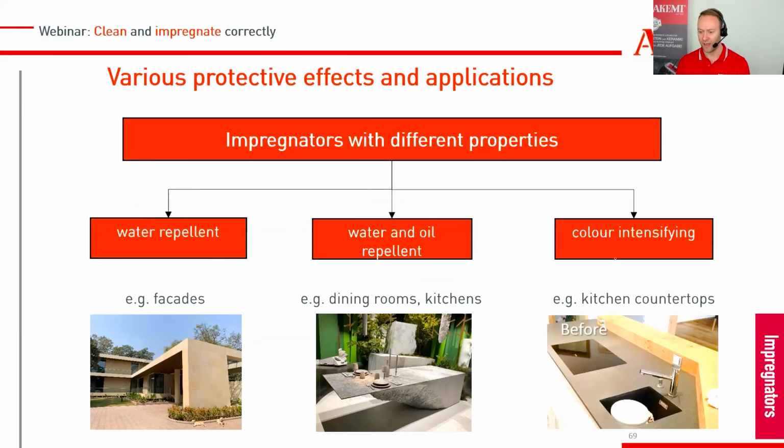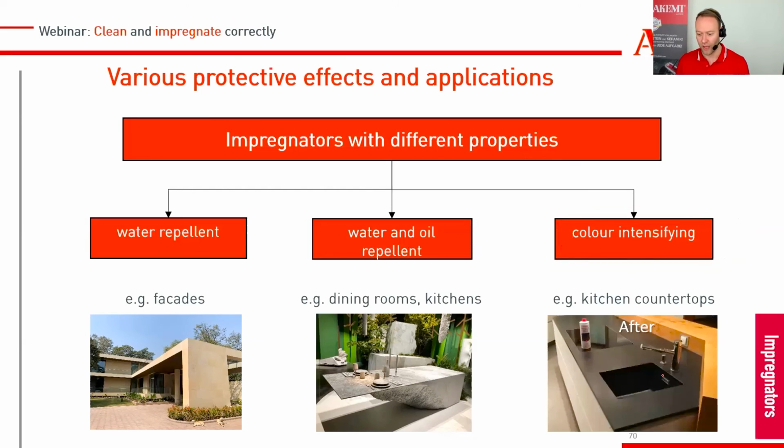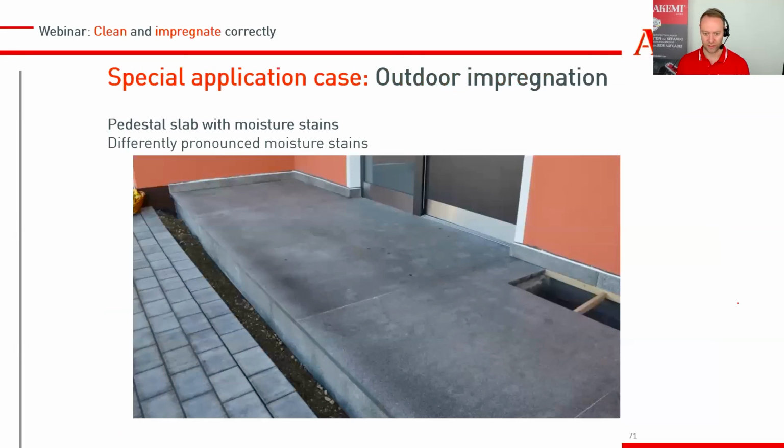And as I said, color intensifying products, with oil effect for example, or without, depending. When you want to enrich the color, you make a darker appearance of the stone, usually used on dark, rough stones. They lose a little bit of their nice color. To refresh that, to get that back, you take a color intensifier, and then you have a nice dark appearance.